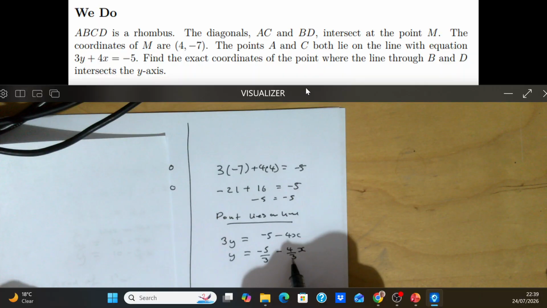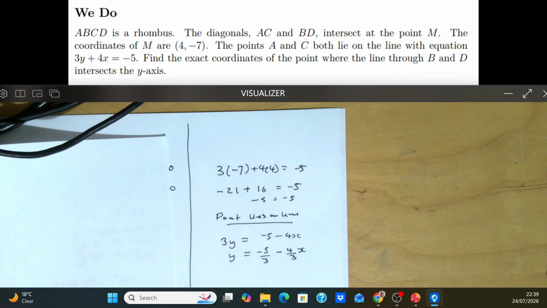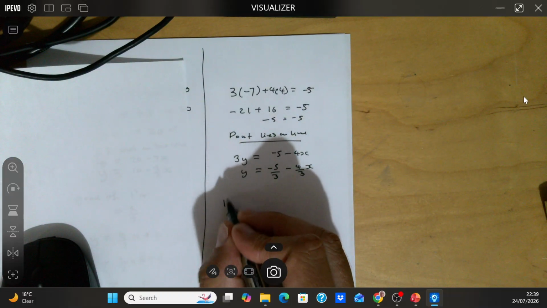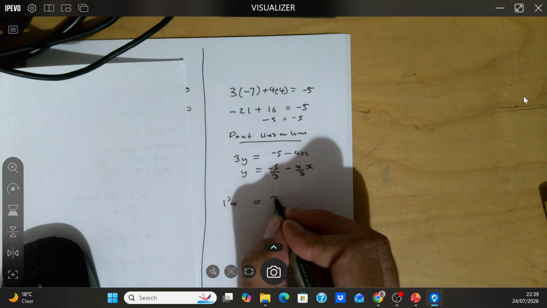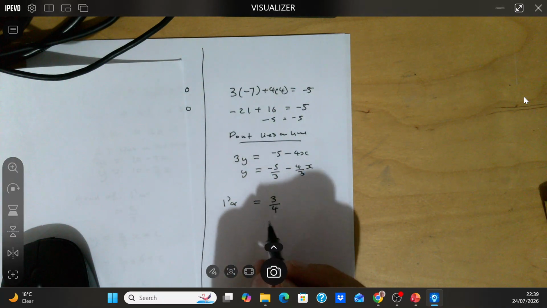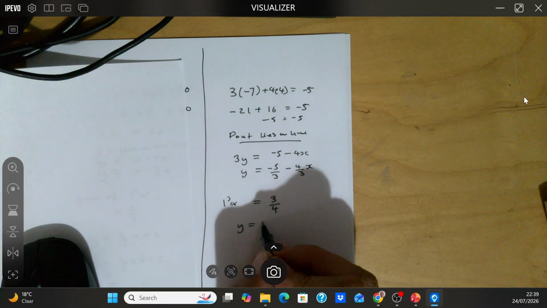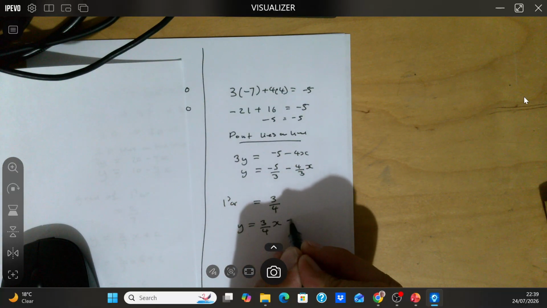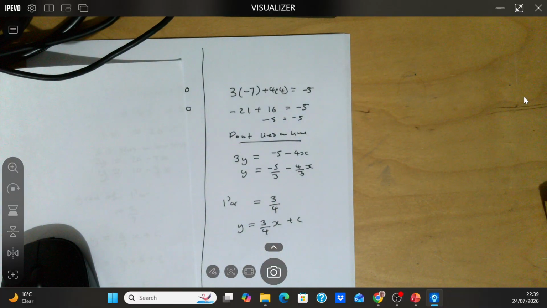So what's the gradient of the perpendicular line? Correct. Perpendicular equals 3 over 4. So what's the equation of the perpendicular line? 3 over 4 x plus c. How do we work out c?